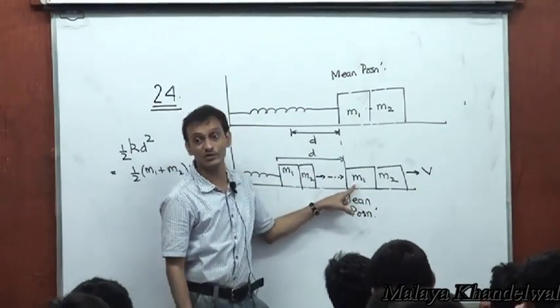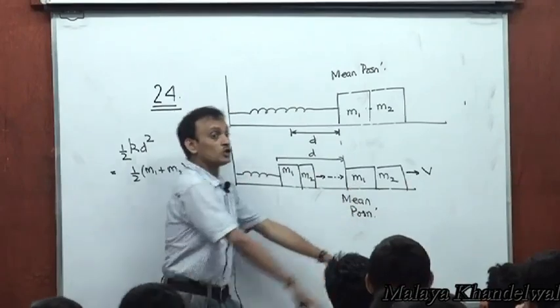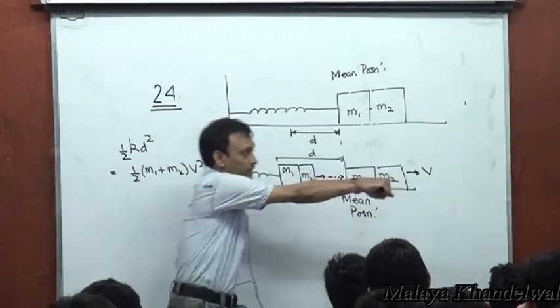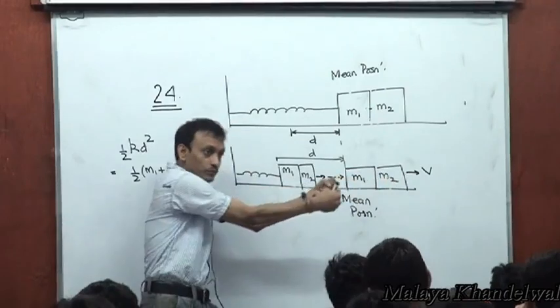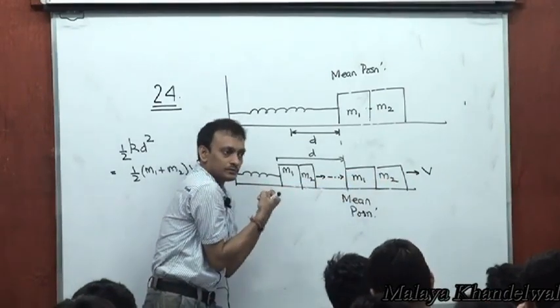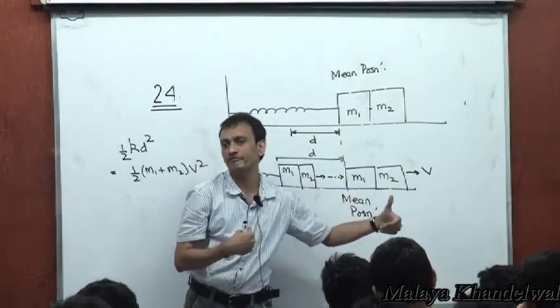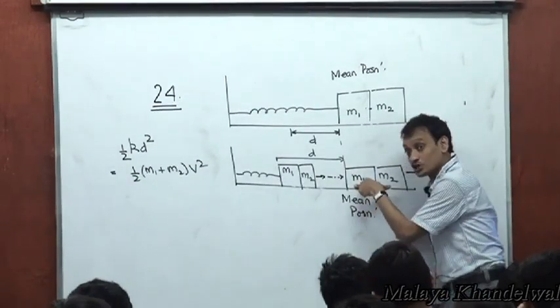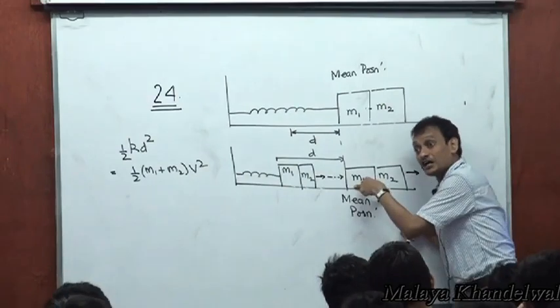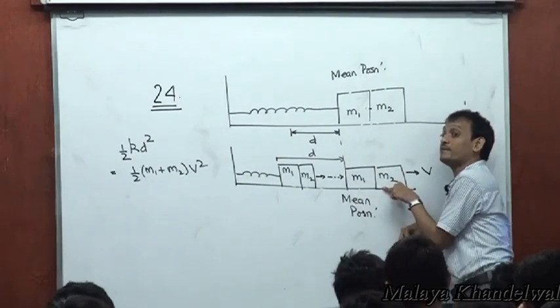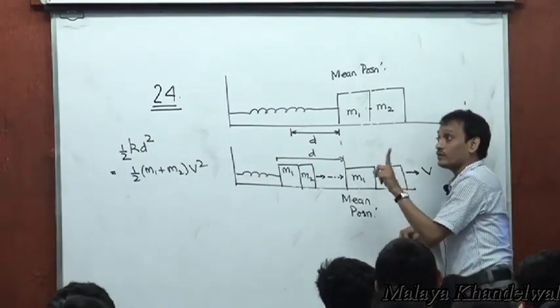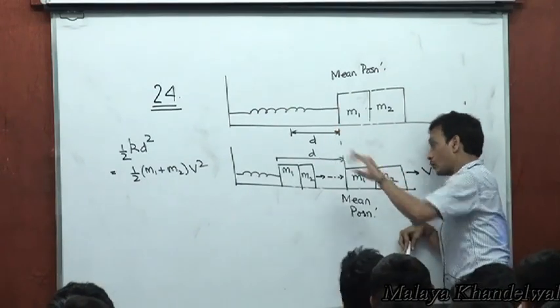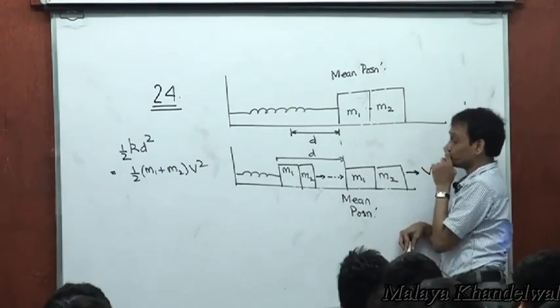So what the spring does is, it holds back M1. It tries to pull M1 back, but M1 still moves because of inertia, right? But there is a retardation on M1 which is not experienced by M2.